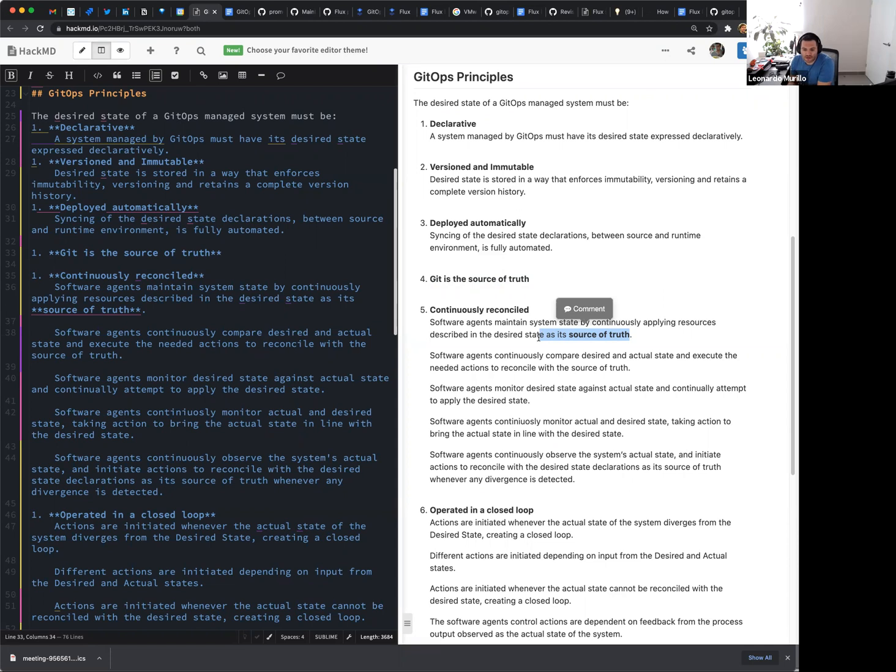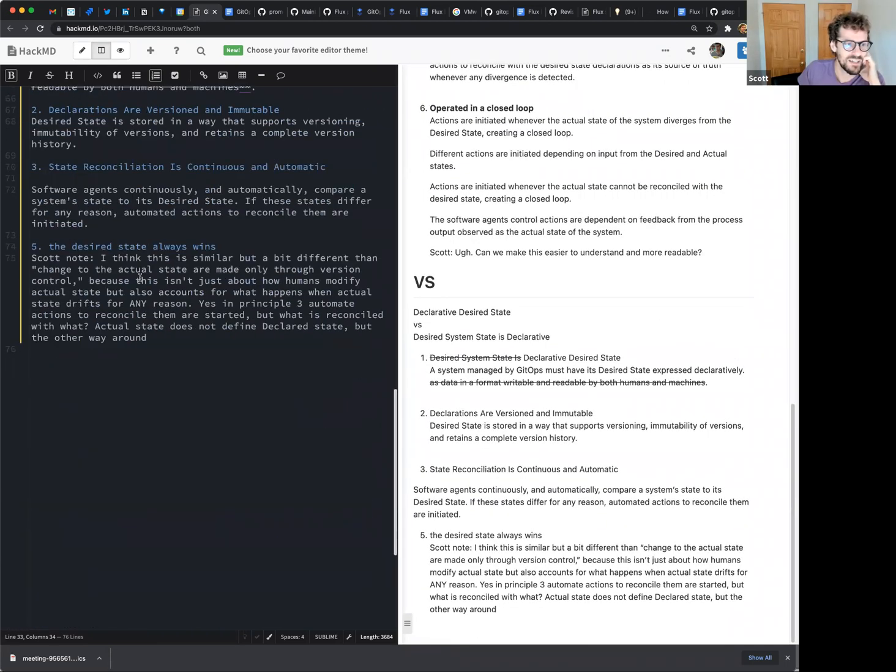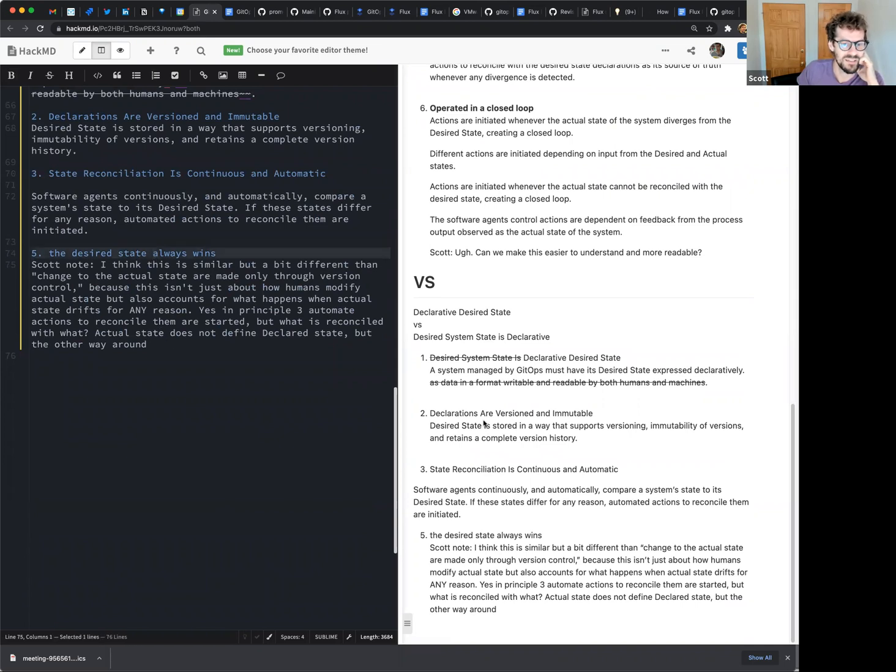I don't understand what you're saying. What I'm saying is this suggestion before, where the desired state always wins, or the desired state is the source.